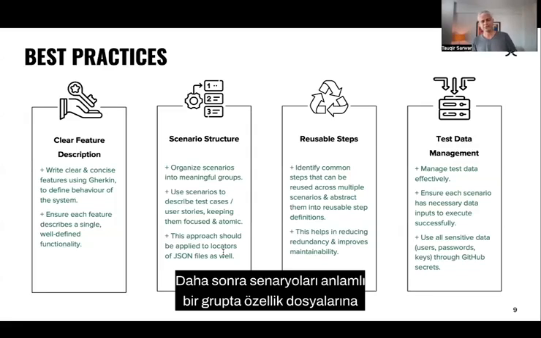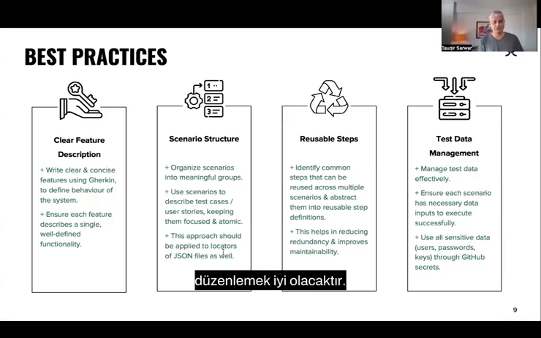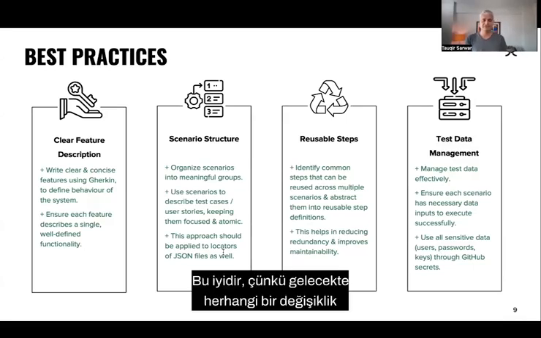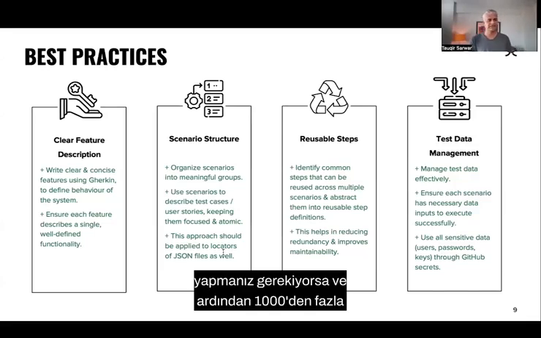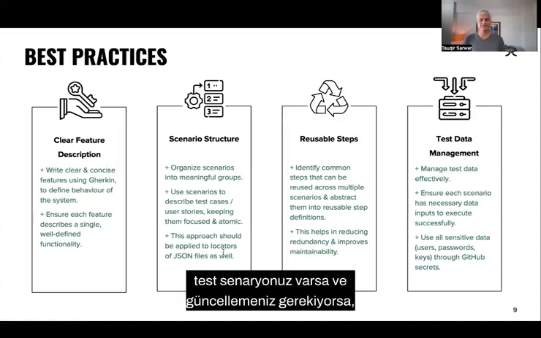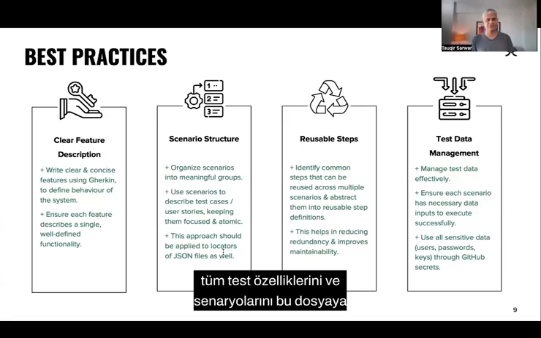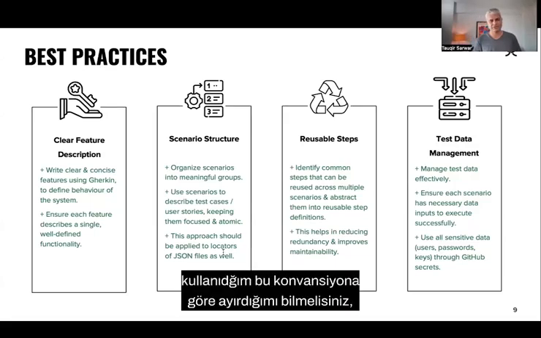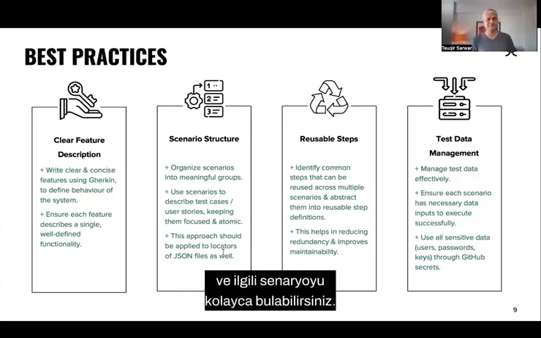Then organizing scenarios into meaningful groups in feature files would be good, because if you have more than 1,000 test cases and you have to make a change in the future, you should be aware. I have segregated all the test features and scenarios according to these files, this convention I'm using, and you can easily find the relevant scenario.